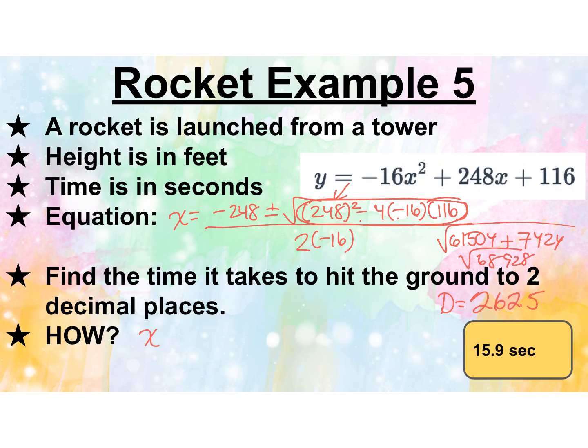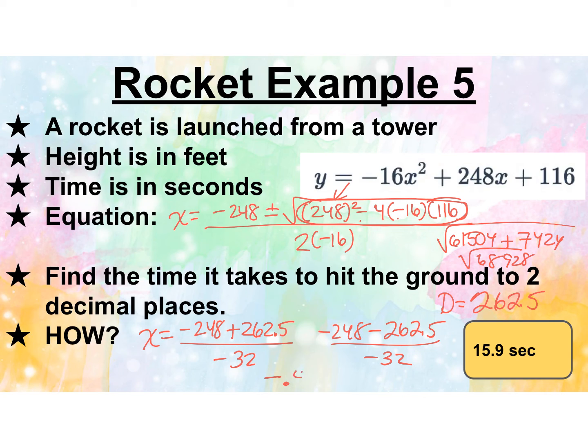So I'm going to put that together. We're going to do negative 248 plus 262.5 divided by negative 32, and negative 248 minus 262.5 divided by negative 32. So then you're going to get a negative 0.45, which we're not going to use, and you also get the 15.9.